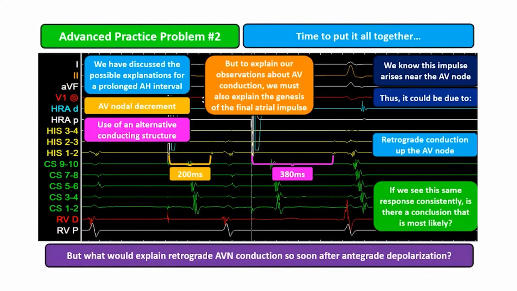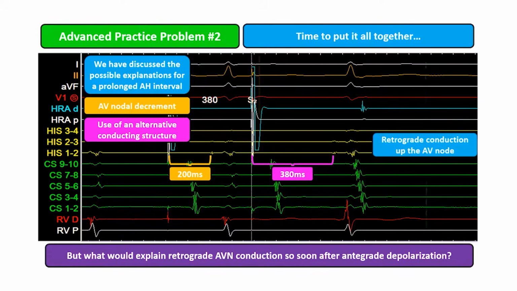But what would explain retrograde AV nodal conduction that occurs so soon after antegrade depolarization? After all, there's a HIS recording that happens just milliseconds beforehand. Well, the presence of dual nodal physiology may explain this.